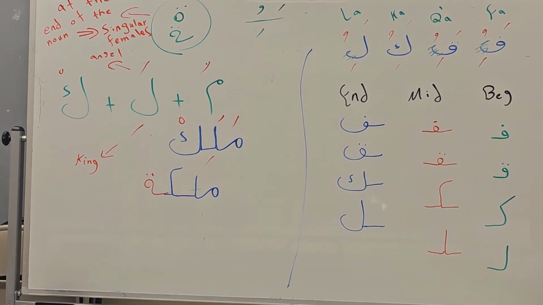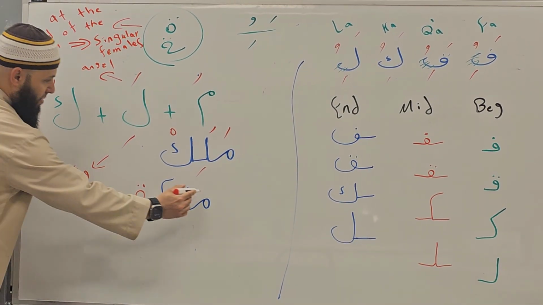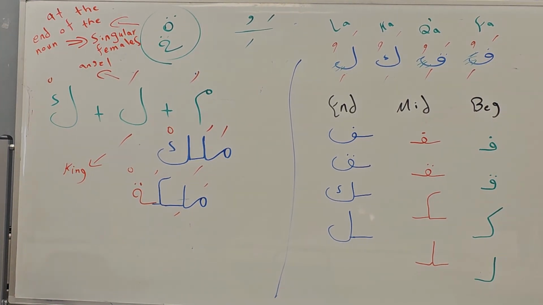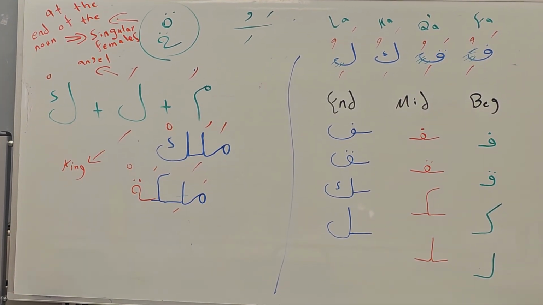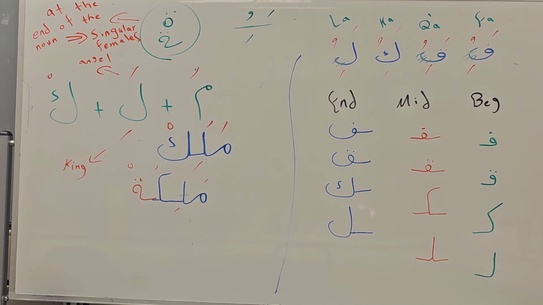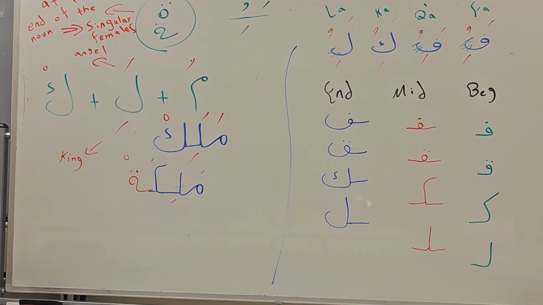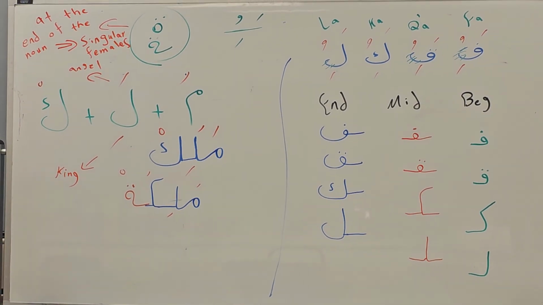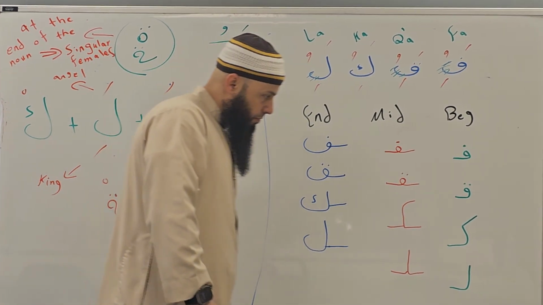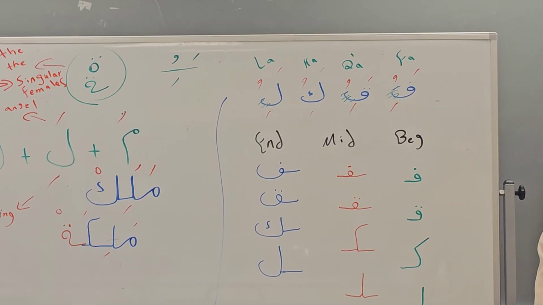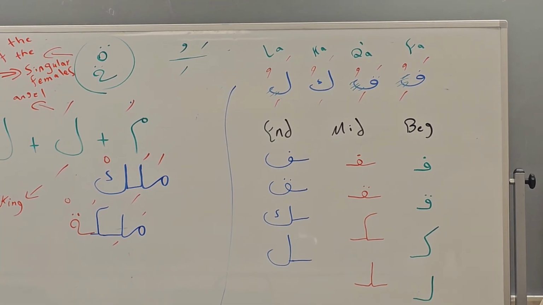So that will be ma, li, ka. Malika, which is a queen. Malika. All right. How about Malaika? That's a plural. Yes, plural.